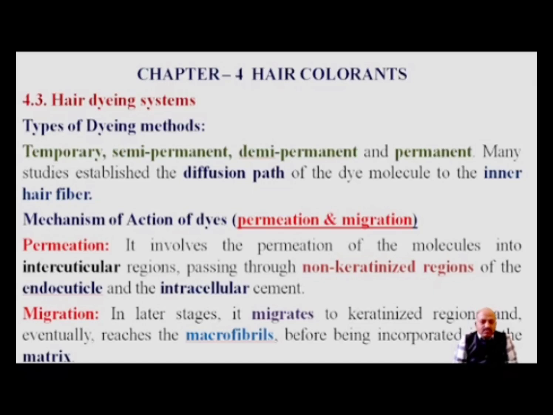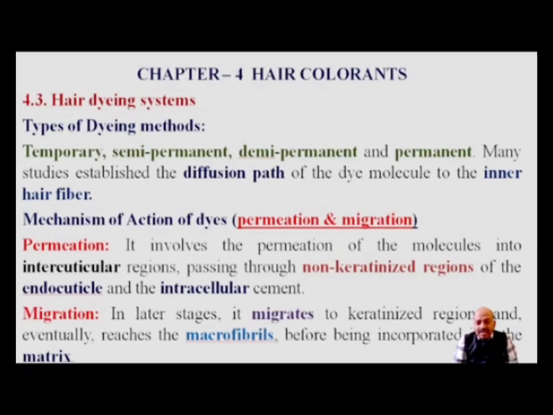Actually, how do we understand permeation and migration? Permeation simply means the dye molecule will be absorbed onto the strands of hair. The hair contains different types of strands, and you can see in later slides the structure of the hair follicle. The surface of the hair follicle contains the non-keratinized regions where the protein content is not there.